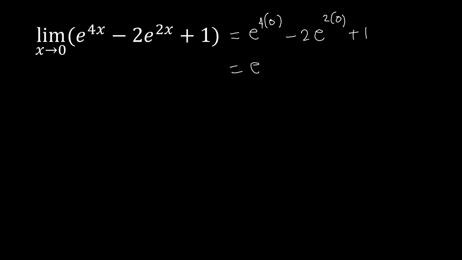Simplifying, we have e to the power of 0 minus 2 times e to the power of 0 plus 1. All the e to the power of 0 is equivalent to 1. So 1 minus 2 times 1 plus 1. 2 times 1 is 2, so we have 1 minus 2 plus 1. 1 minus 2 is negative 1, plus 1, that will be 0.